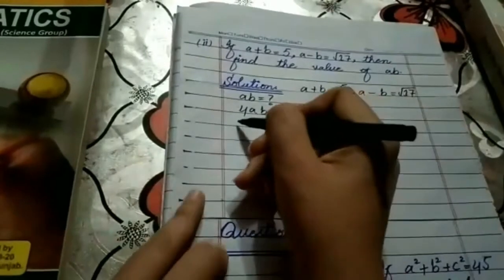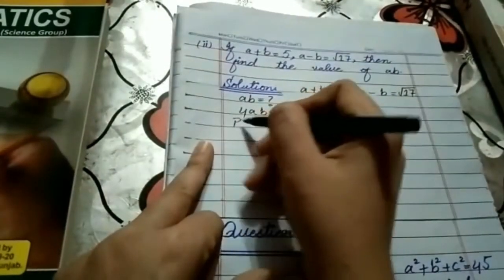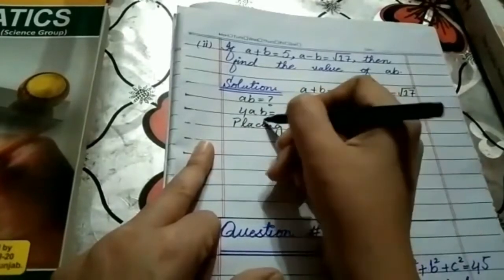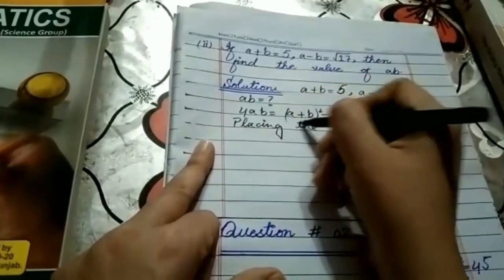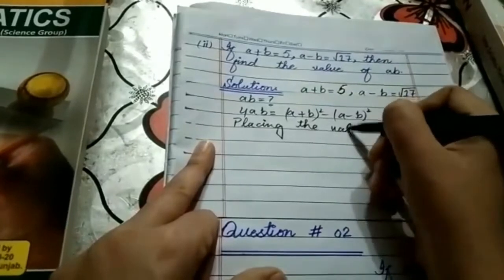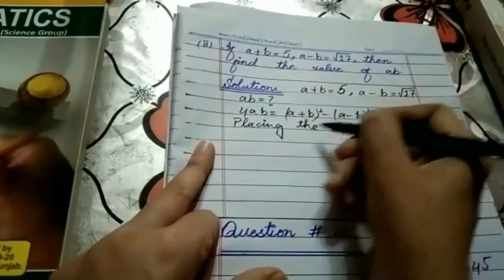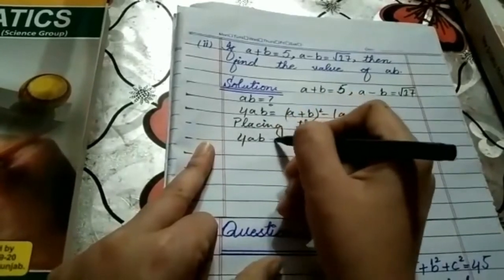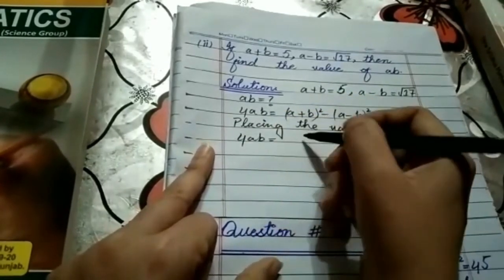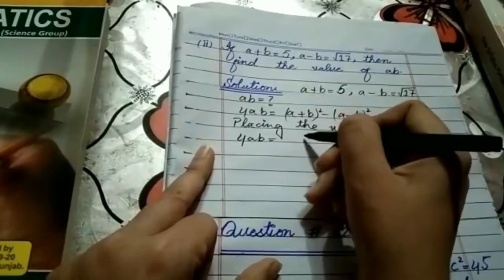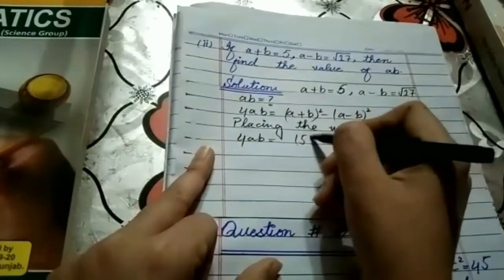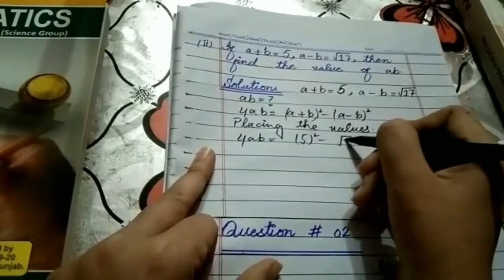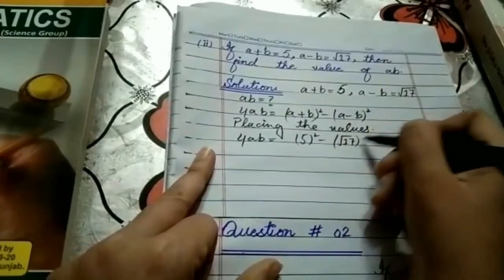Now placing the values, for ab as it is, because we have to find the ab value. A plus b, what value is there? It is 5. Minus, a minus b value is square root 17.